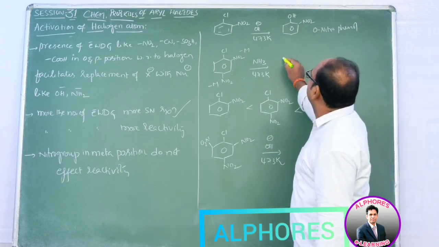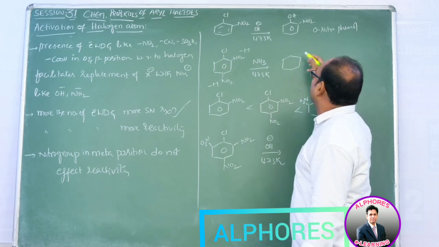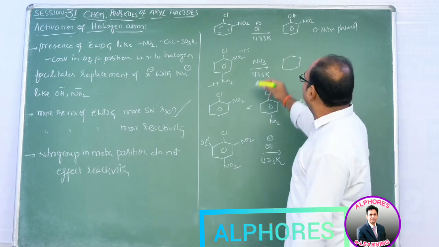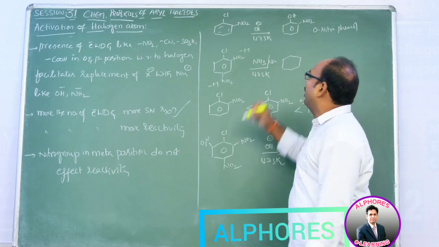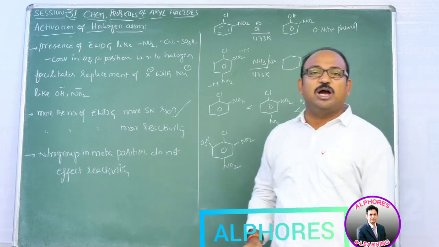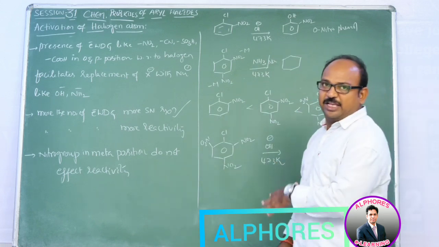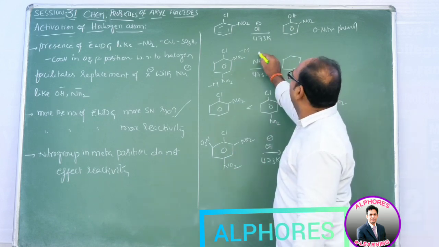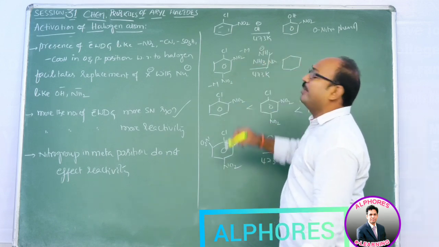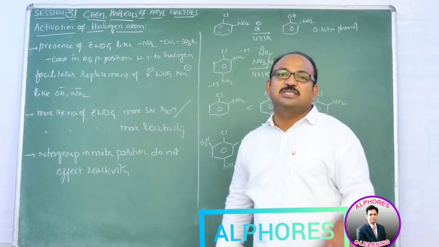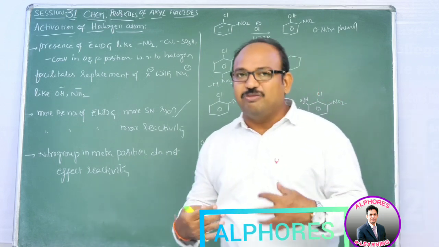in such a case the reaction rate is much higher. As I mentioned, NH3 and sodium metal we have to use, meaning NH2 minus acts as the nucleophile here. The solvent molecule does not have that much influence.